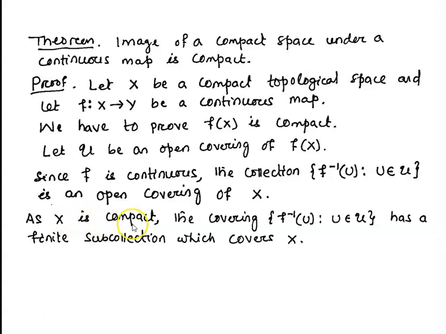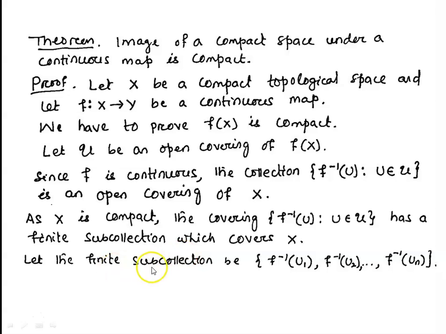As X is compact, this covering F inverse U has a finite subcollection which covers X. Let the finite subcollection be F inverse U1, F inverse U2, F inverse U3, up to F inverse UN.